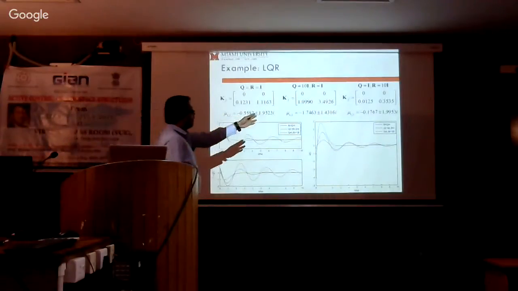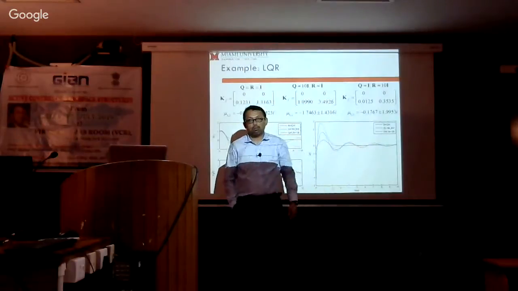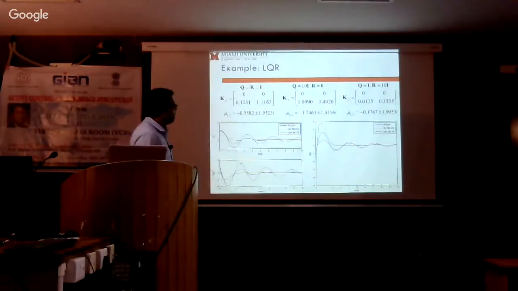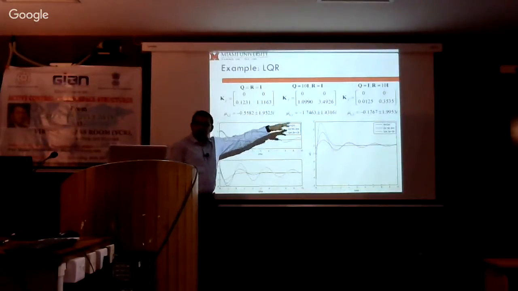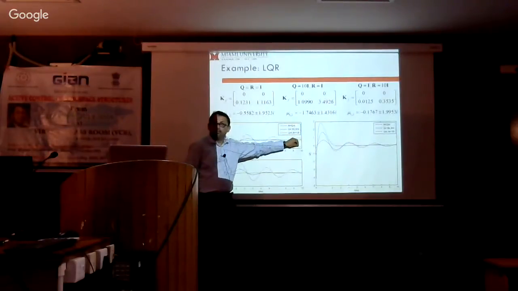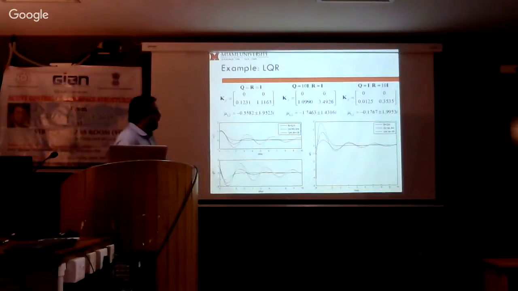And in the third case, I chose R to be 10 times more than Q, so I give more weightage to the controlling element. In all three cases, the marginally stable or undamped system becomes stable. The motion will stop.